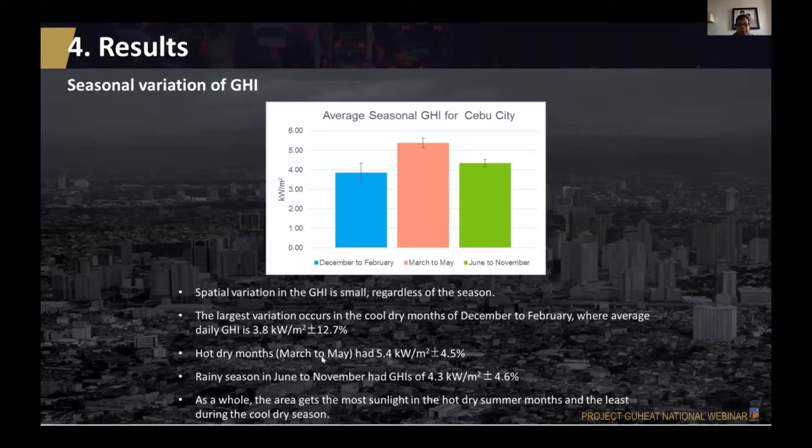Hot dry months have a smaller variation, only 4.5. And also in the rainy season as a whole, Cebu City gets most of the sunlight in the summer months, which is also, I think, true in other areas.